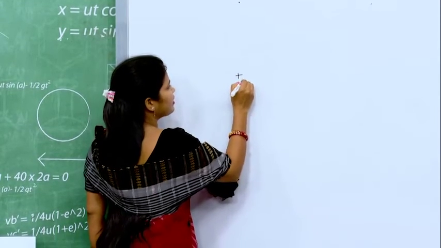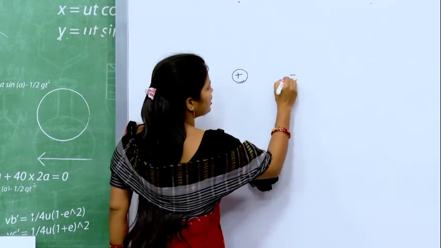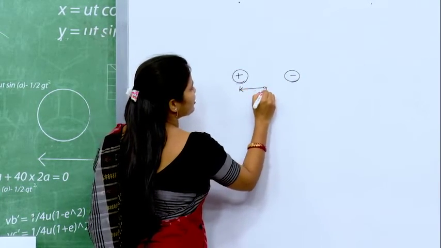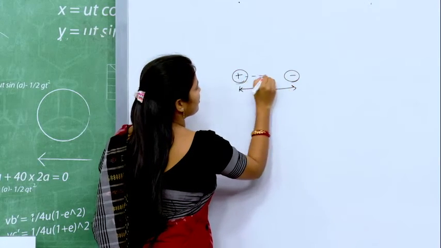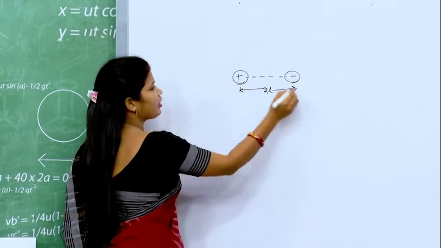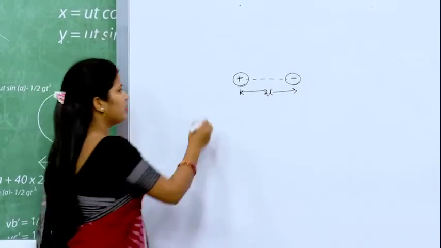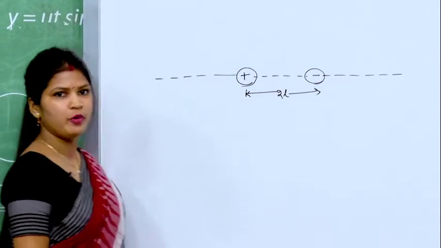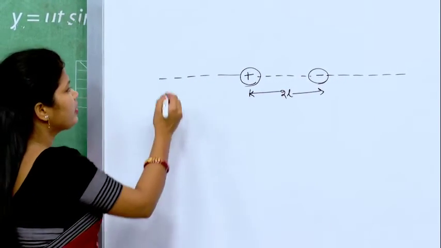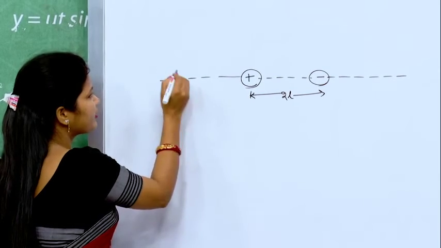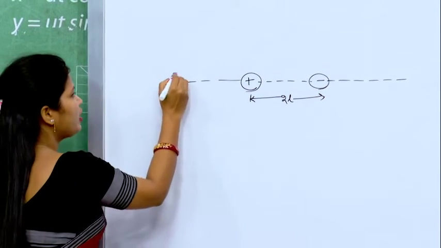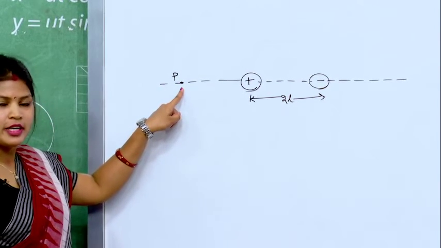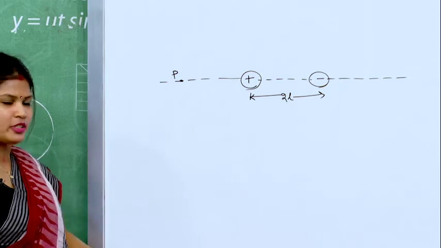Two opposite point charges separated by some distance form an electric dipole, and this is the axis of the dipole, that is the dipole axis. Suppose P is the observation point, and we have to find the electric field intensity at that point.